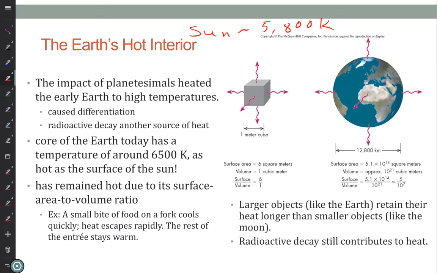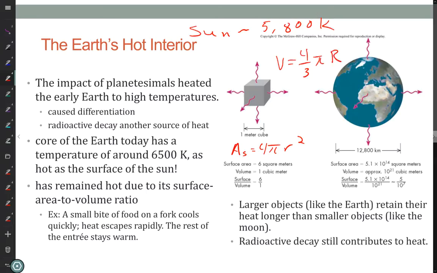So I'm just going to write the equations here. Surface area is equal to 4 pi times radius squared. And the volume is 4/3 pi times radius cubed. So the rate of temperature change is going to be proportional to the rate it cools divided by the total amount of heat it has, or its volume.